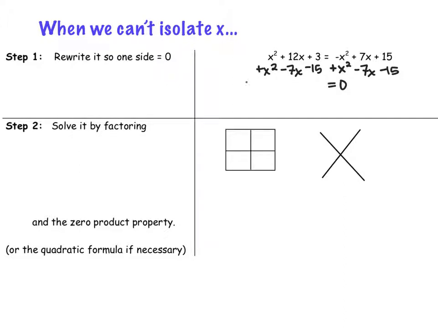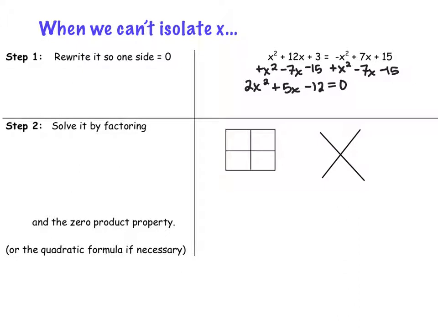Over here I've got 2x squared plus x squared is 2x squared. 12x minus 7x, or plus a negative 7x, is going to be a positive 5x. And 3 plus a negative 15, or 3 minus 15, is going to give me negative 12. So that's the new quadratic that I'm dealing with: 2x squared plus 5x minus 12 equals 0.